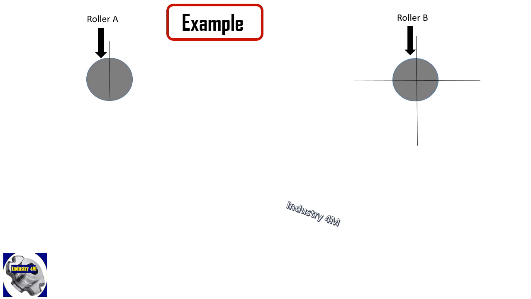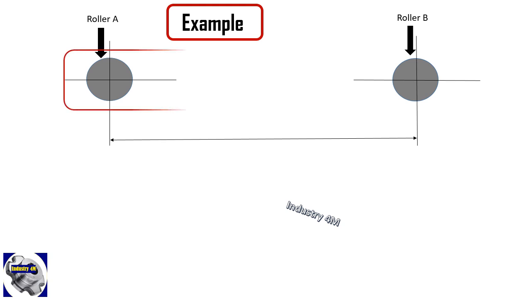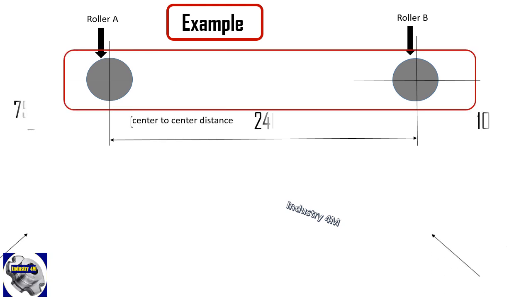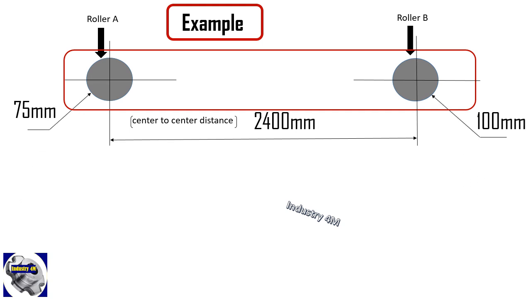This is the example you can see in this slide, where the rollers are in different sizes. One is 75 mm, another one is 100 mm, and the distance between both rollers is 2400 mm.